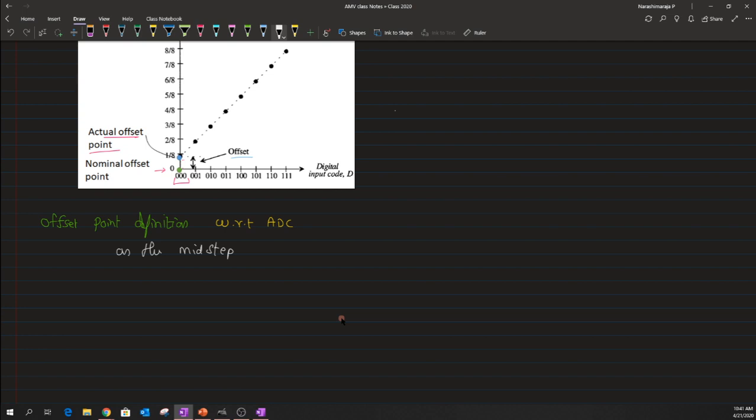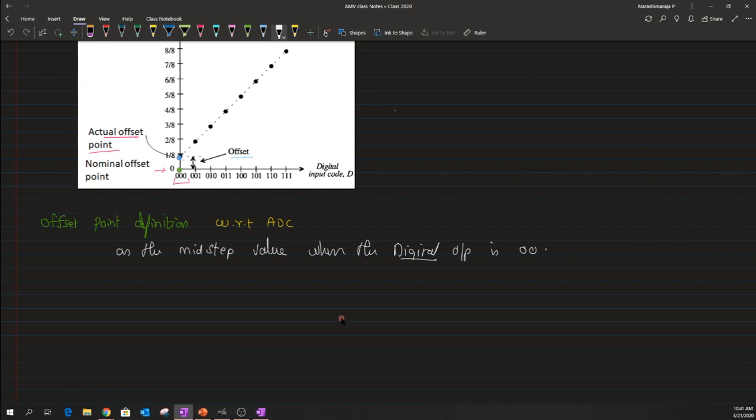Due to which we have this mid step term, the mid step value when the digital output is equal to 0 0 0.